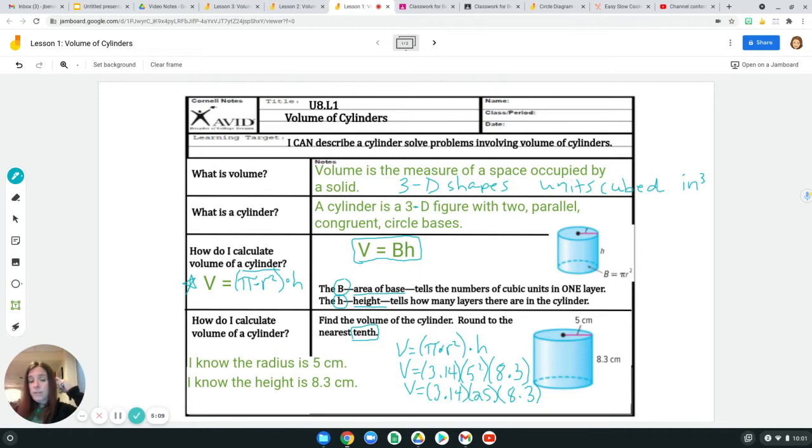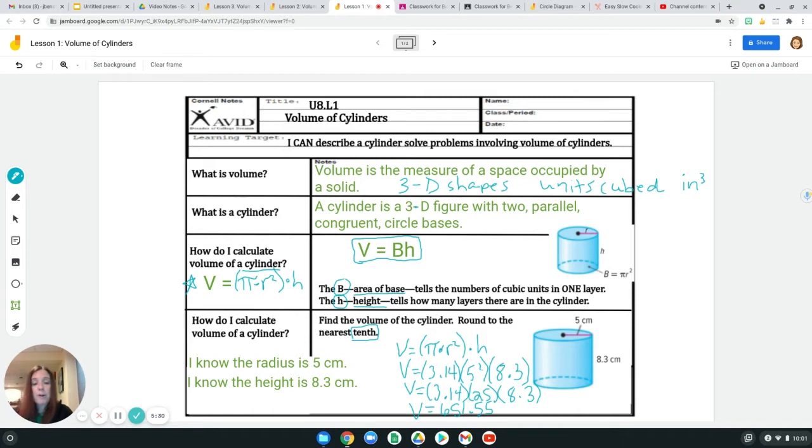And then I'm going to go to my calculator and do 3.14 times 25 times 8.3. And I get volume is equal to 651 and 55 hundredths.